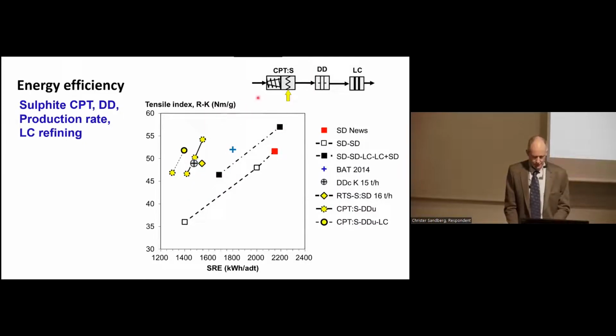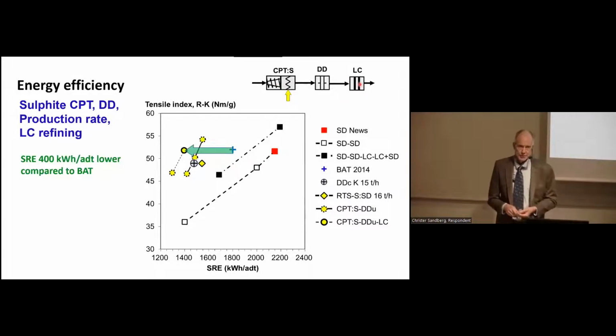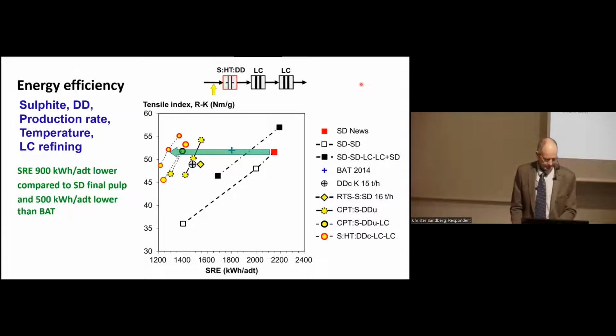Then another concept that I will come back more to is the trials we did to the paper machine when this was produced. And that process was, as I said, chip pretreatment, double disk refining, and LC refining. And with that, compared to the BAT process, it was around 400 kilowatt hours per ton, lower specific energy.